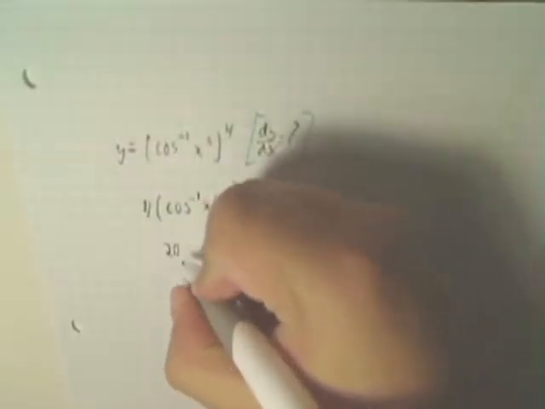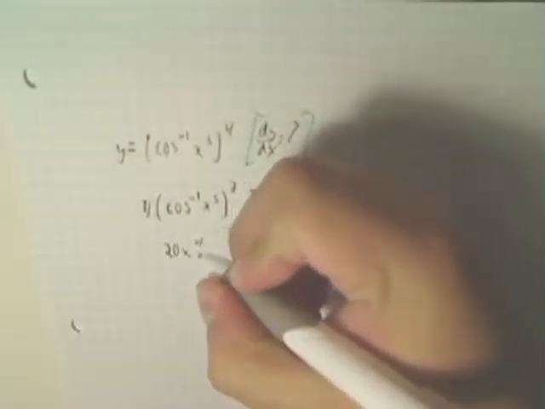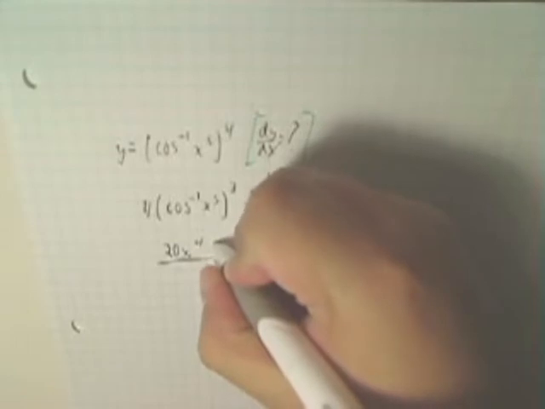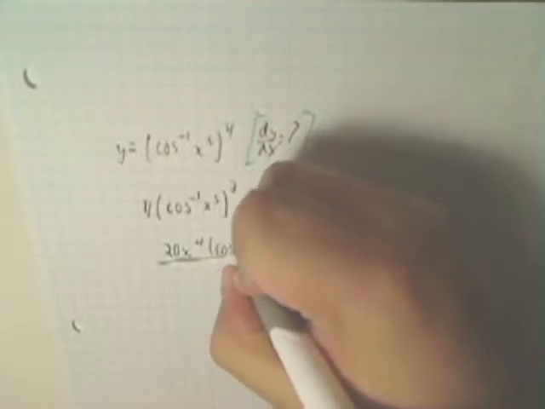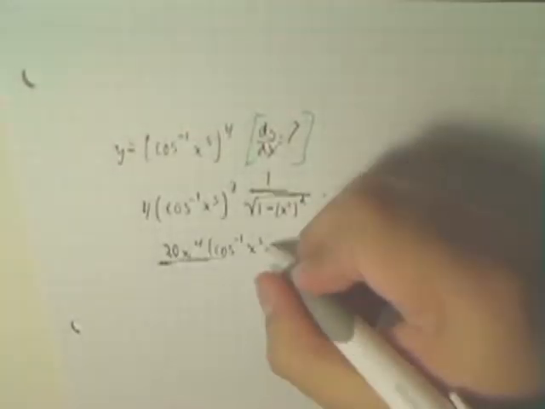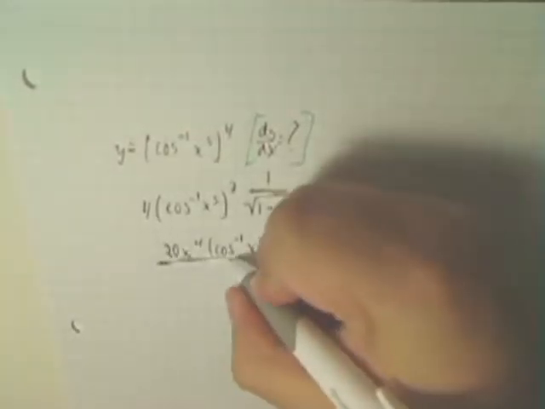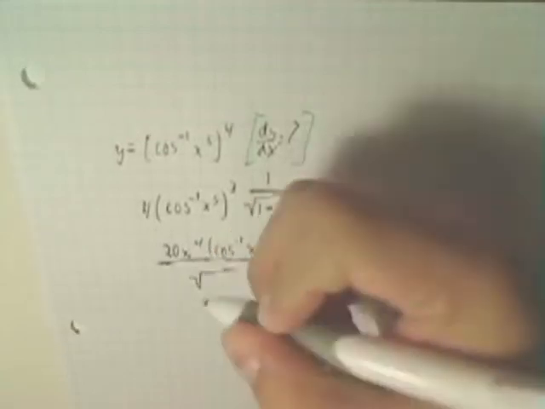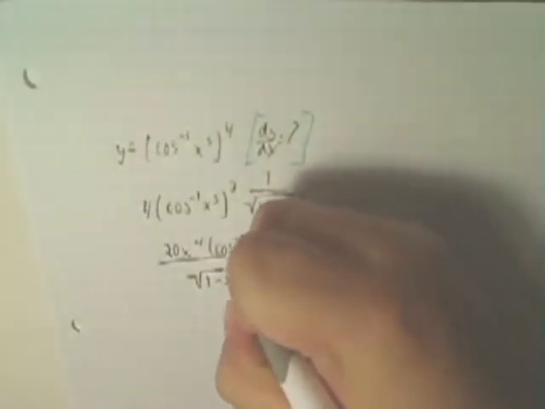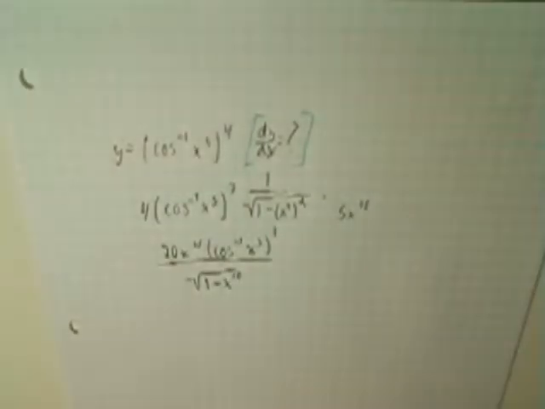So now we are left with 20x to the fourth times inverse cosine of x to the fifth, all to the third, all over square root of 1 minus x to the 10th, which is x to the fifth squared.